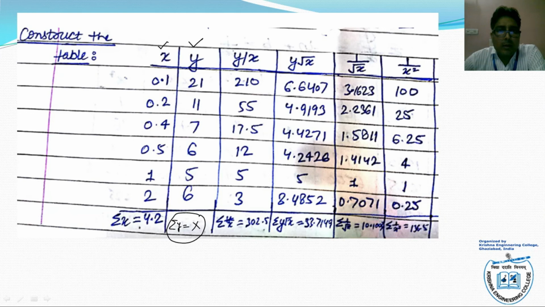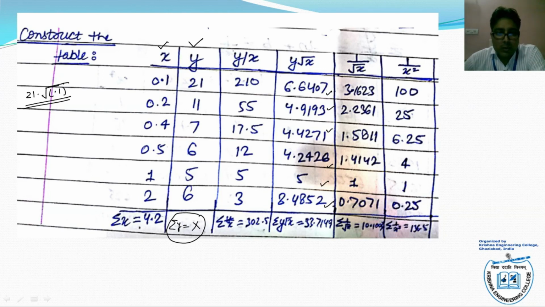Find the sigma y under root x. Now find the y under root x. The value of y is 21. Under root x means write the value of 0.1 under root x, bracket close. So the value of y under root x is this, find all the values of this. Also fix the calculator up to 4 decimals in every problem.